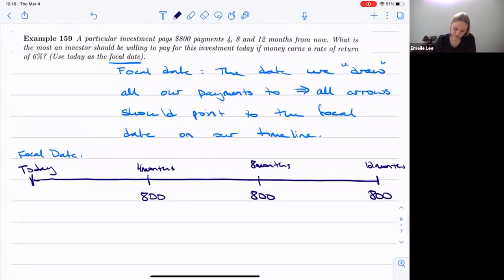Okay, the question asks, what's the most an investor should be willing to pay for this investment today, if money earns a rate of return of 6%? So what does that mean? It means that today we went to the bank, let's say, and they said, we're going to give you $800 in 4, 8, and 12 months.